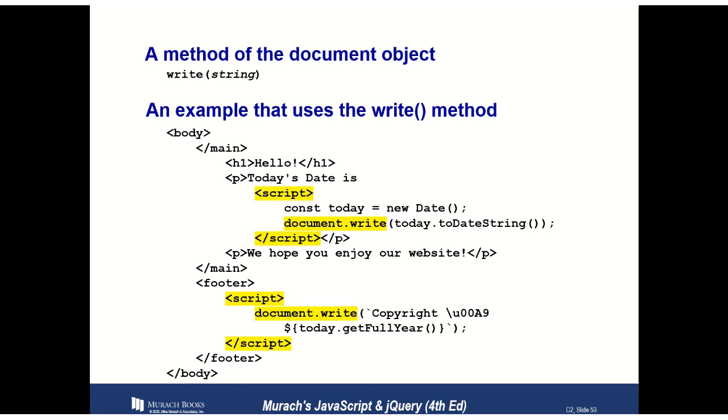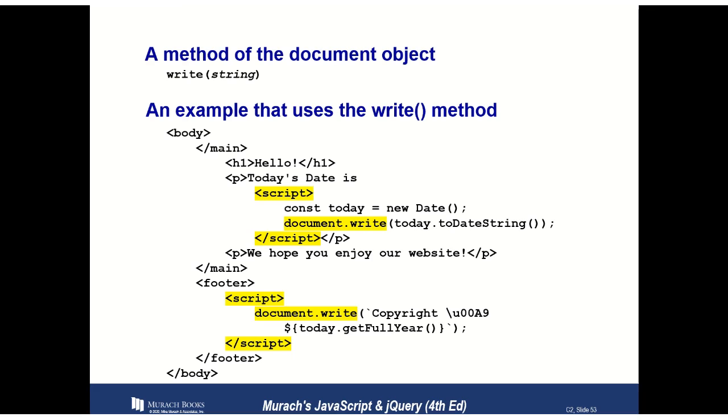So now the next part, the writing. Now we are using the write method of the document object. The example here shows how to use the write method. An HTML page contains two script elements, each of them embedded JavaScript code that uses the write method.